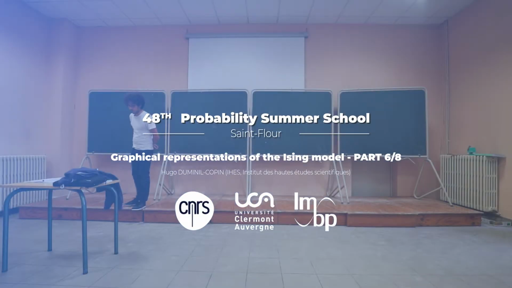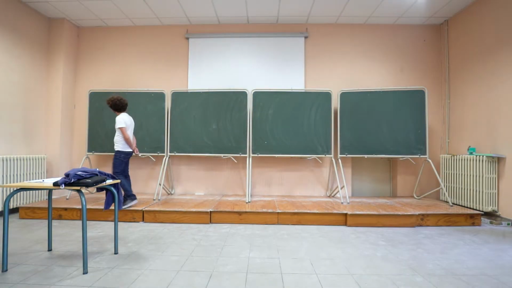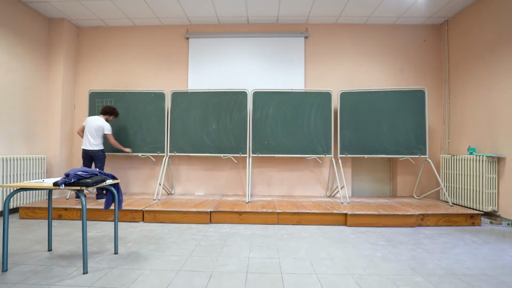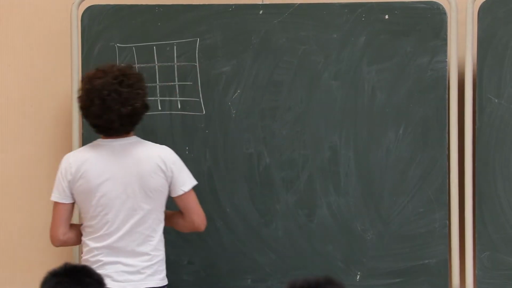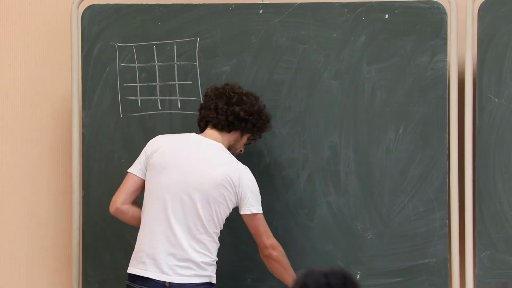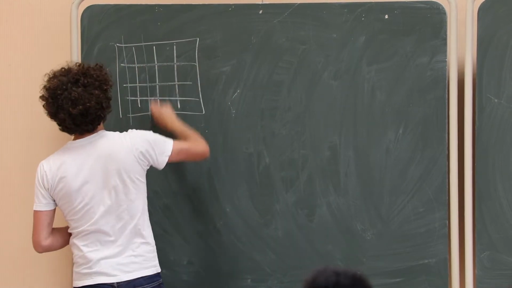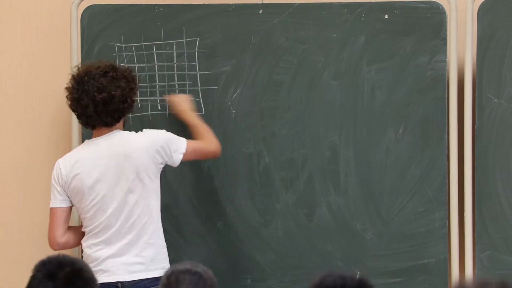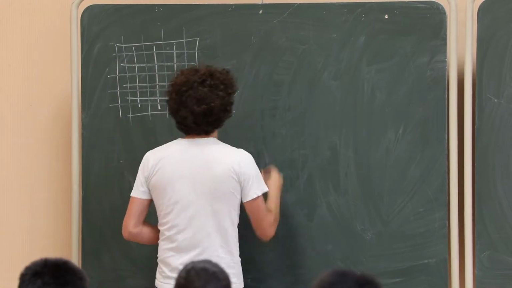Let's keep going on two-dimensional FK Ising and Ising. So remember yesterday I defined this: I took a graph and its dual. And I defined the dual configuration to a configuration omega.